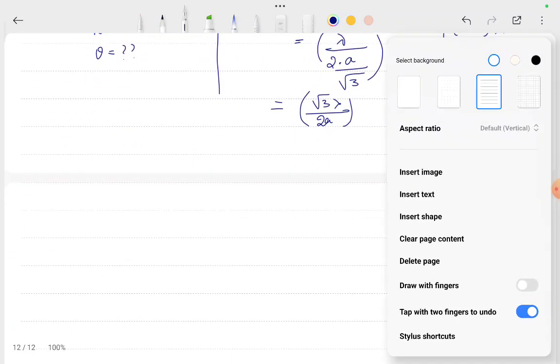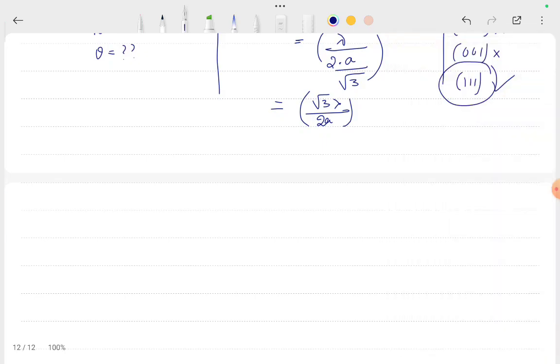So theta equals sin inverse of root 3 times 0.141 upon 2a, where a is nothing but 0.563.